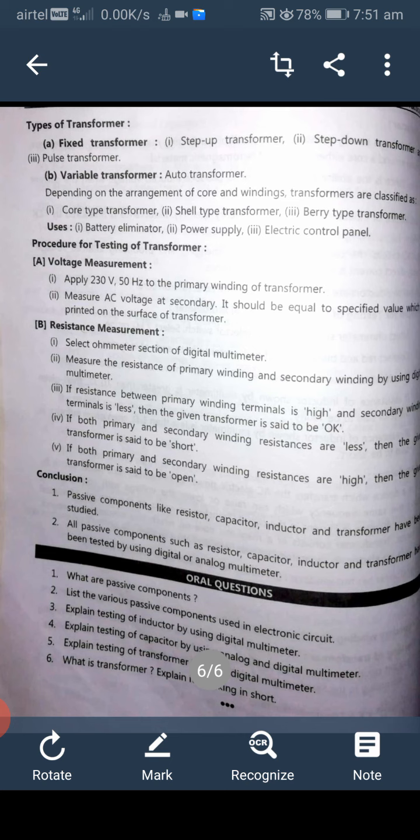Resistance measurement. Select the ohmmeter section of the digital multimeter. Measure the resistance of the primary winding and secondary winding by using the digital multimeter. If the resistance between the primary winding terminals is high and the secondary winding terminals is less, then the given transformer is said to be okay.